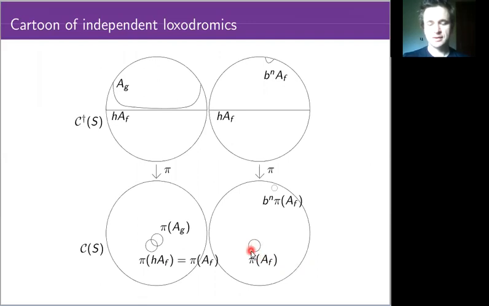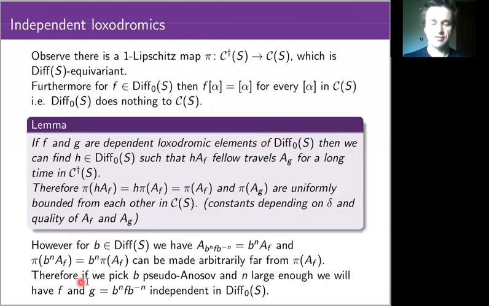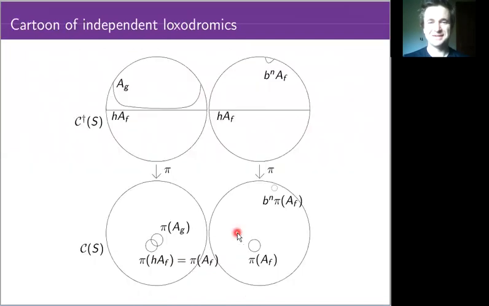So these are now arbitrarily far away, and so the conclusion of the lemma fails, and so the hypothesis of the lemma must fail. Namely, we must have F and this large conjugate of F independent in Diff naught. In fact, it's far from being dependent because we can't even get H A_F, where H is in Diff naught, anywhere close to B to the n of A_F, because indeed these are far away in the ordinary curve graph.